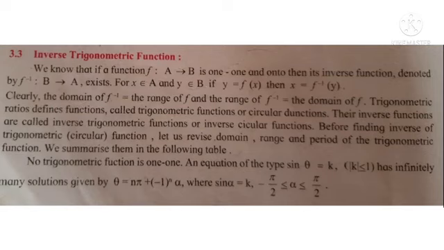Trigonometric ratios define functions called trigonometric functions. Their inverse functions are called inverse trigonometric functions. We had seen the trigonometric functions sine, cos, tan, cosec, sec, cot. Their inverses we call inverse trigonometric functions. So which are the inverse trigonometric functions? Sine inverse, cos inverse, tan inverse, cosec inverse, sec inverse and cot inverse.